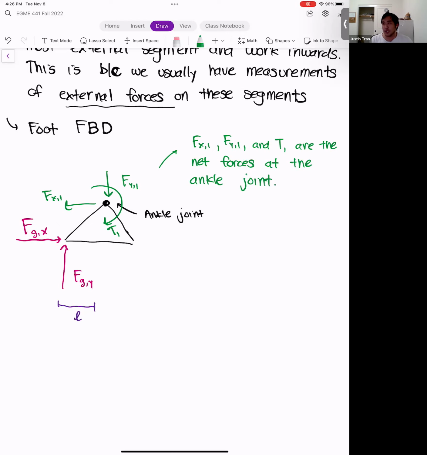And so I'm just kind of repeating what I said. So Fx1, Fy1, and T1, these are the net forces at the ankle joint, and this is what we're going to solve for.